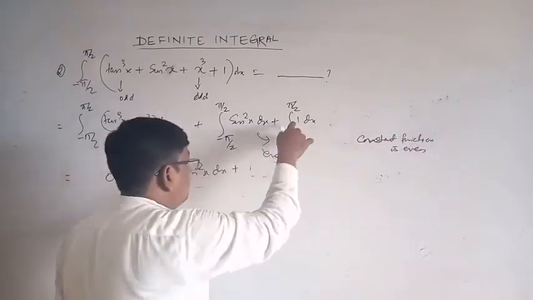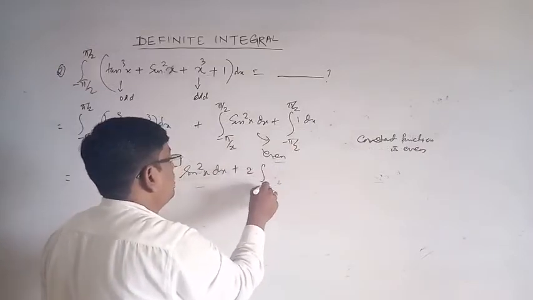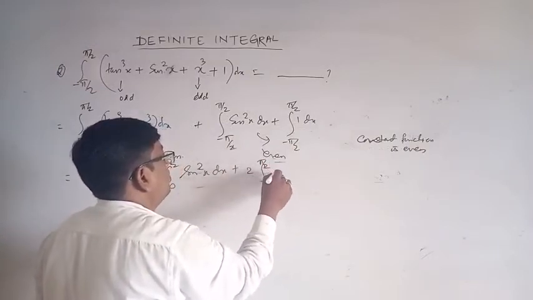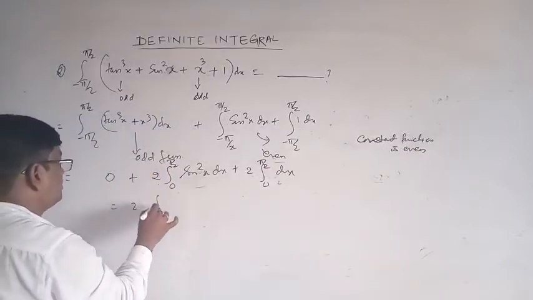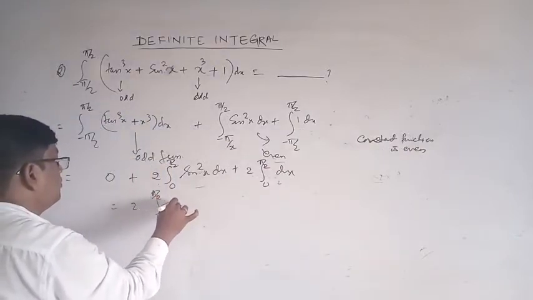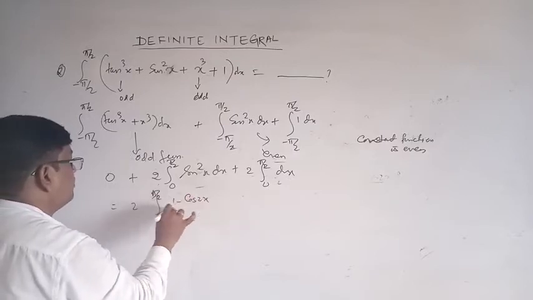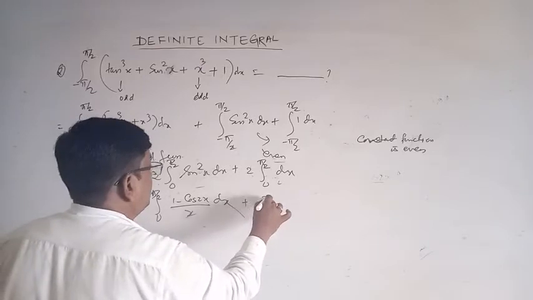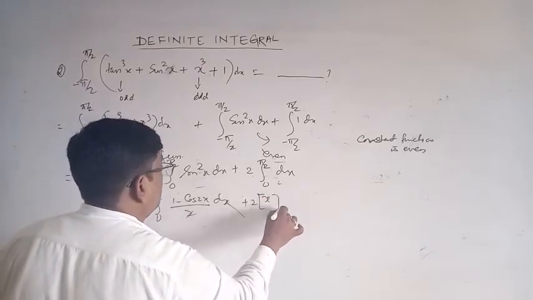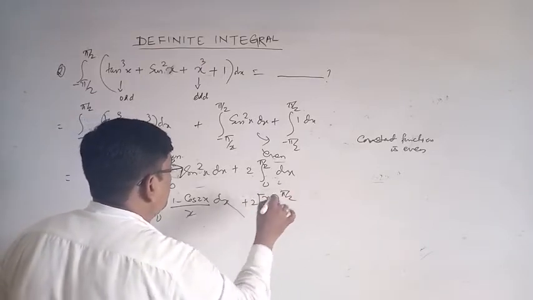So this is a constant function, so this is even: 2 times integral 0 to pi by 2 dx. So this is equal to 2 into integration 0 to pi by 2 of (1 minus cos 2x) by 2 into dx, the 2s cancel, and this is 2 into x from 0 to pi by 2.